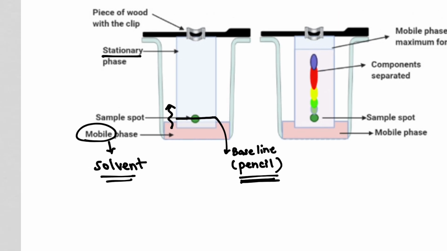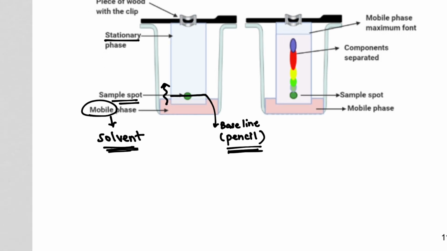Now, why is it that the solvent or the mobile phase will carry the components of the sample? This is because the molecules in the sample form interactions with the molecules of the solvent.